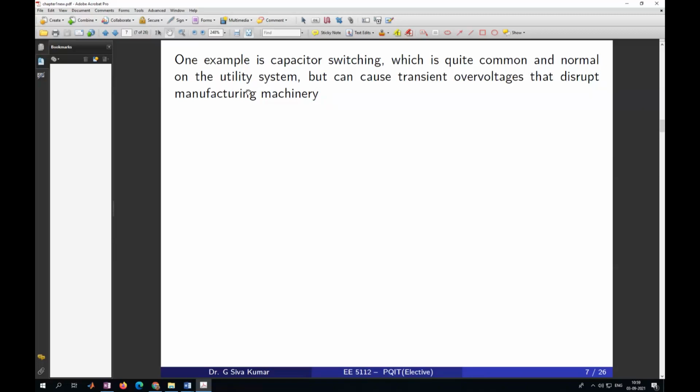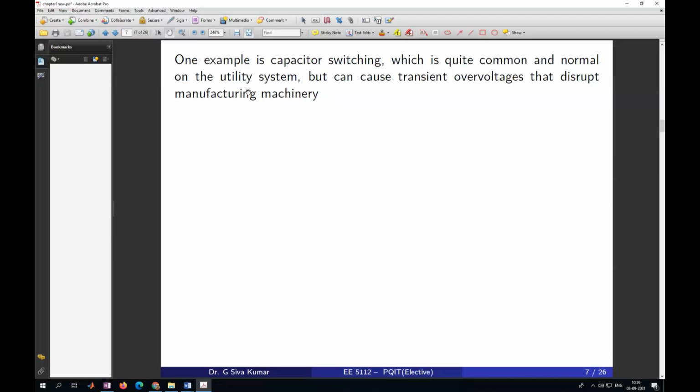If you take domestic consumers, I've never seen domestic consumers using a capacitor bank to improve the power factor. In that case, the utility itself has to take care of connecting the capacitor banks.